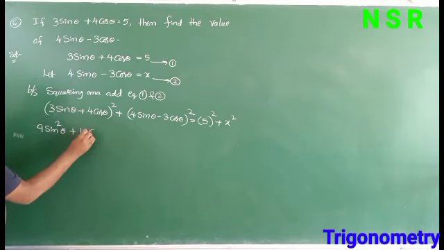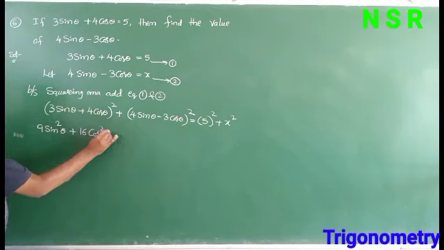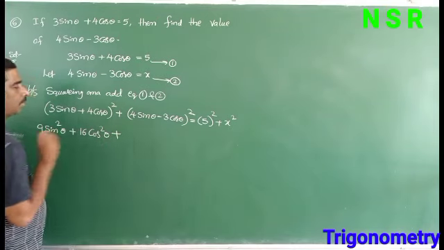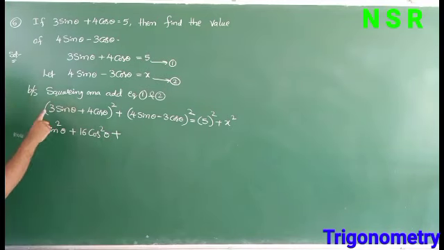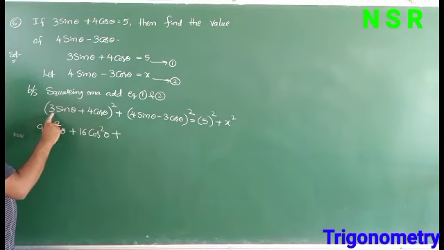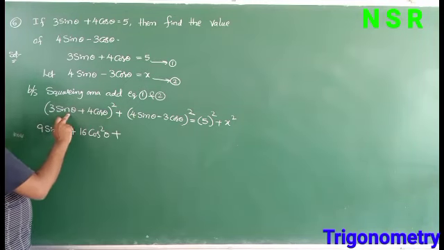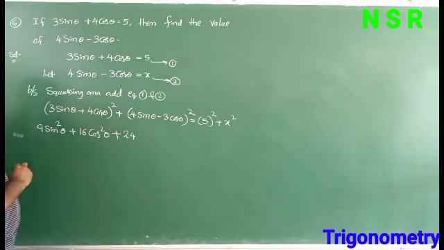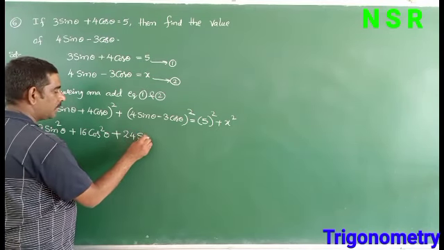Next plus 16 cos square theta, a square plus b square plus 2ab. So first multiply here 2, 2 into 3 is 6, 6 4s are 24 sin theta cos theta.